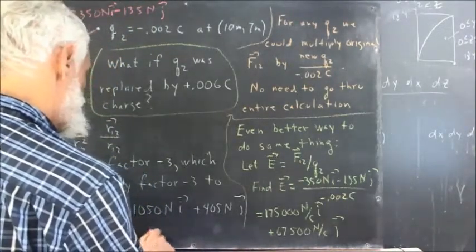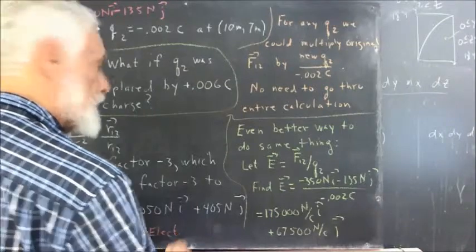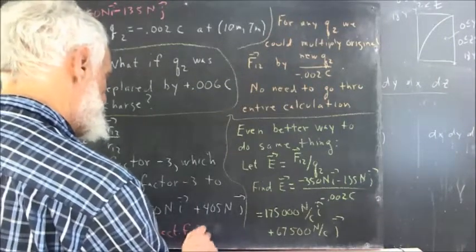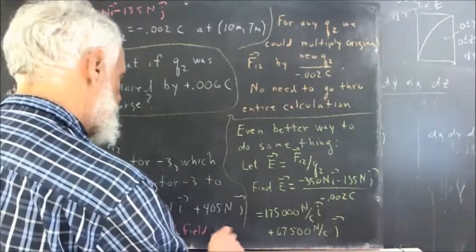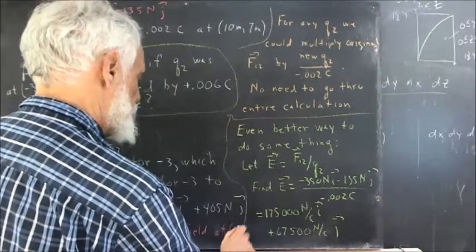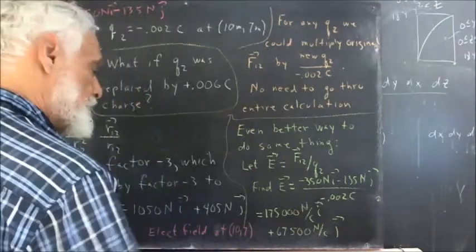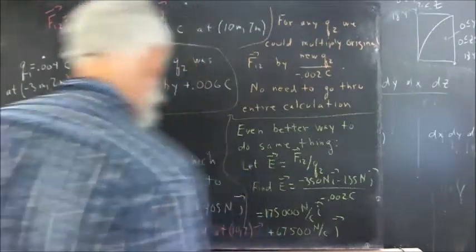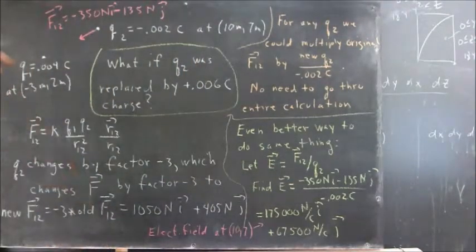Electric field at (10, 7) due to the charge of 0.004 coulombs at (-3, 2).